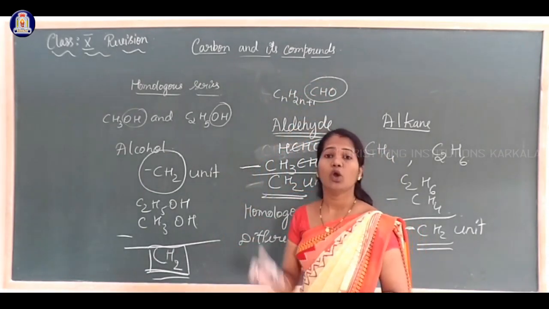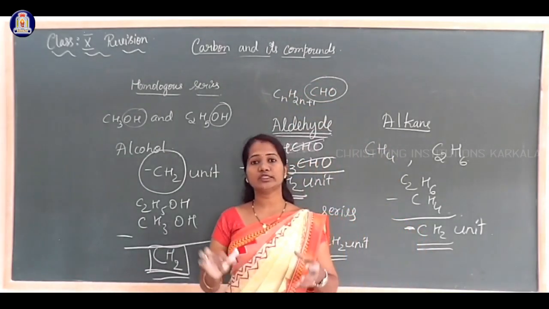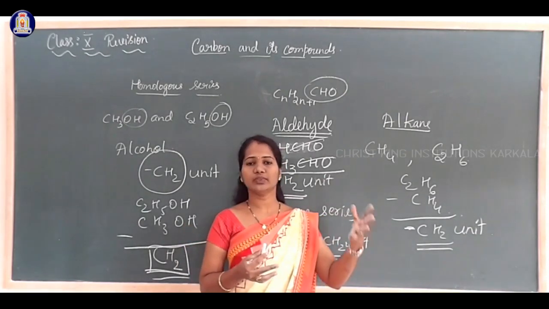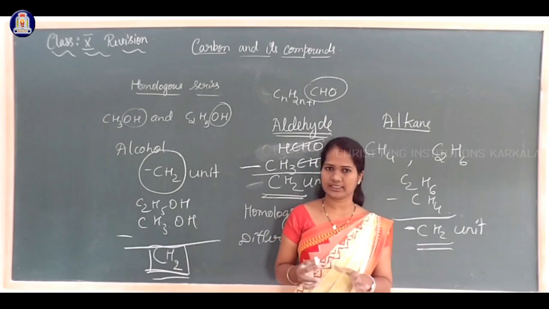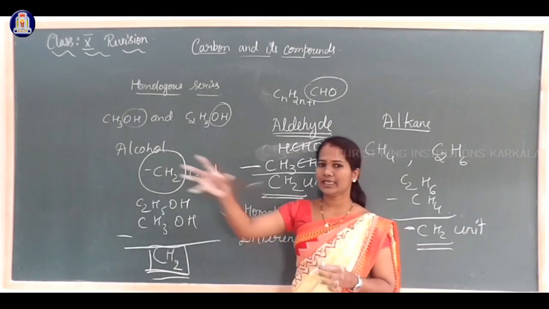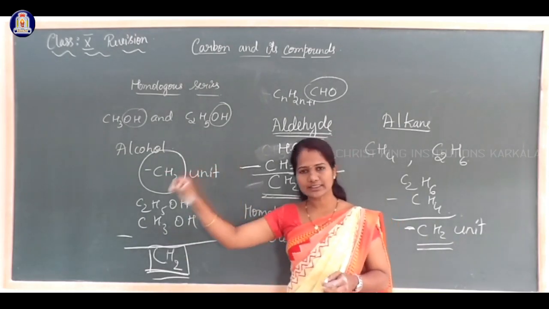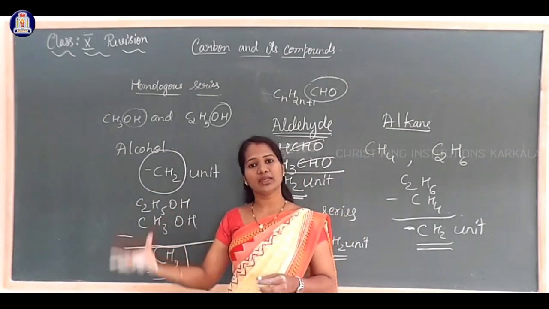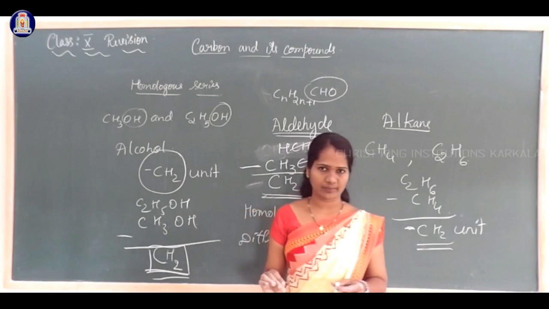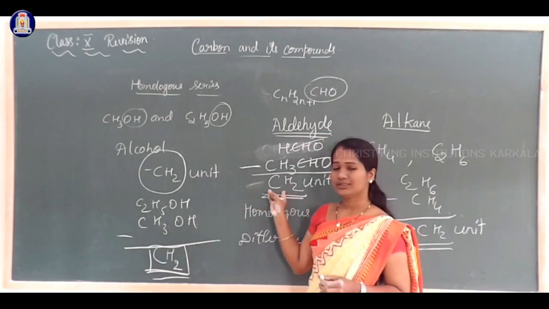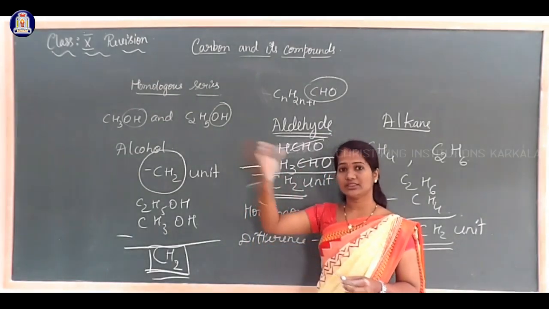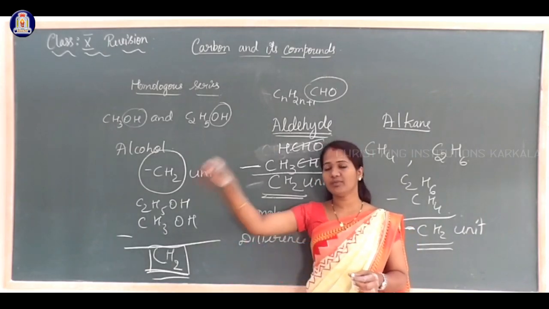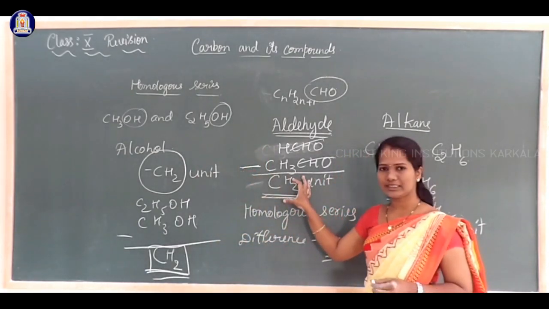Usually, a homologous series has the same general formula. Their main properties, as we have written: all the compounds have the same general formula. Alkanes have a general formula, alkenes have a general formula, alkynes have a general formula. They can be represented by a general formula. Second property: the difference between two successive members of a particular family is a CH2 unit.